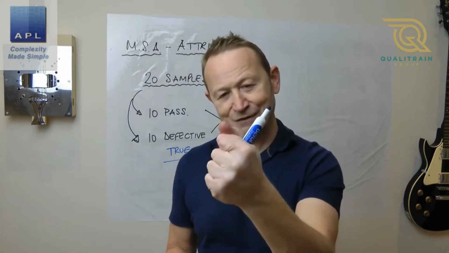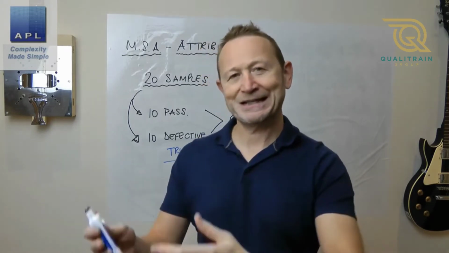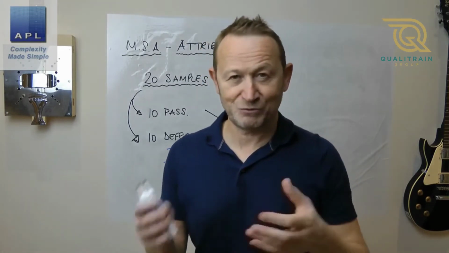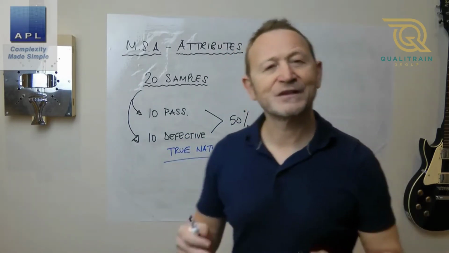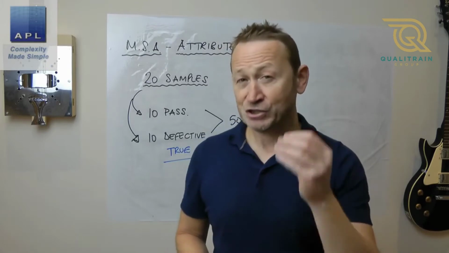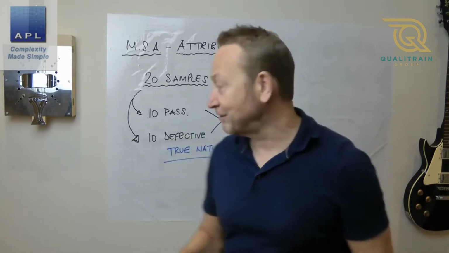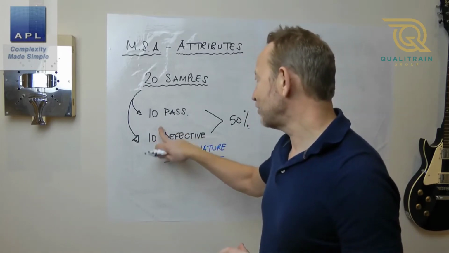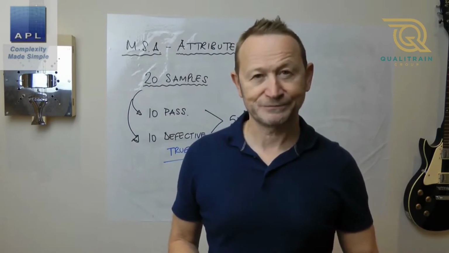There is no real size for a part, and if I hold certainly a metallic part in my hands, then the size will change. So in a sense there is no real size when you're working out variable data, but there is a real state for these parts. So someone in the company has to be the holder of the standard, and they've assessed the 10 that pass and the 10 that fail.